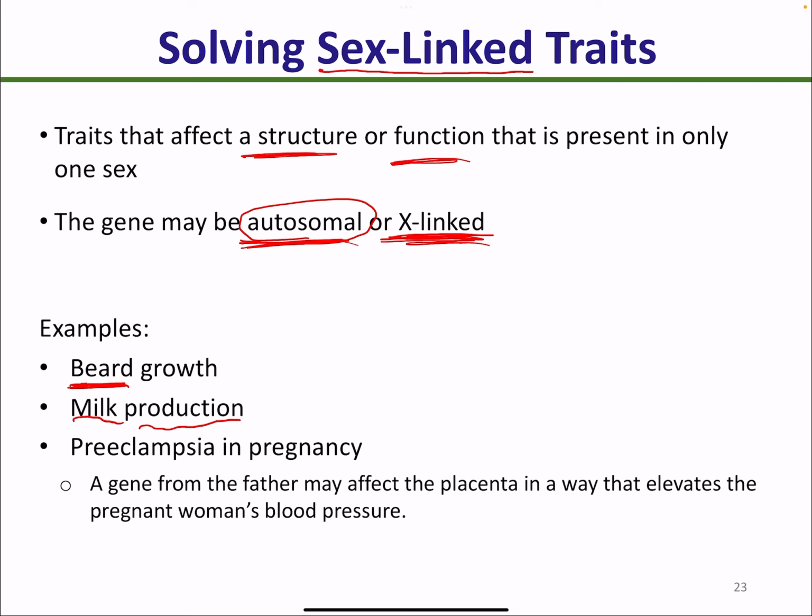In that case of preeclampsia in pregnancy, this is a case of a gene from the father that may affect the placenta development and actually affects the blood pressure in a woman, okay?